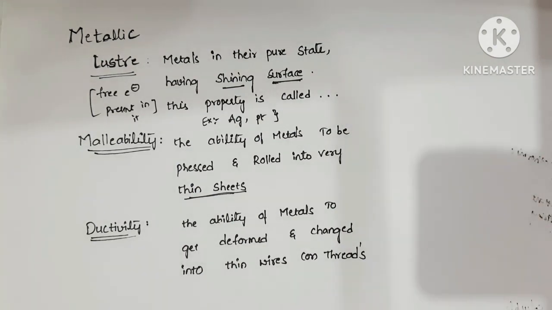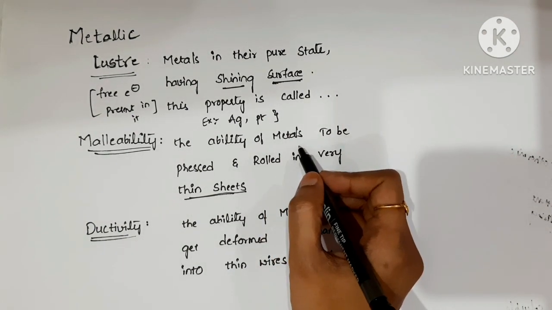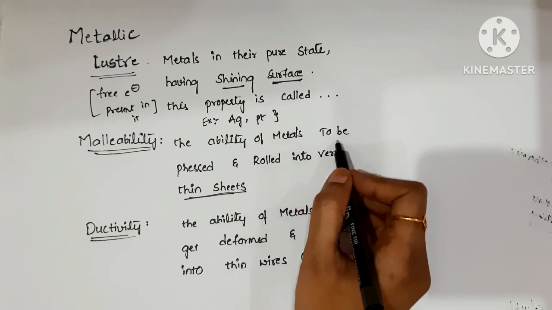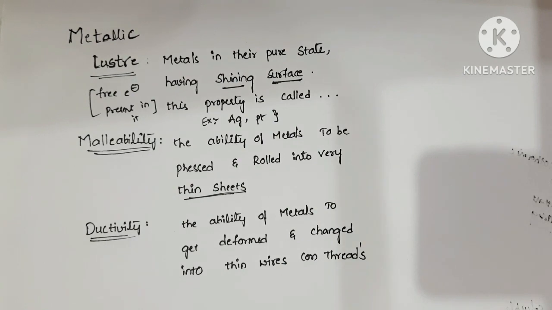Malleability means the capacity of metals to be pressed and rolled into very thin sheets.